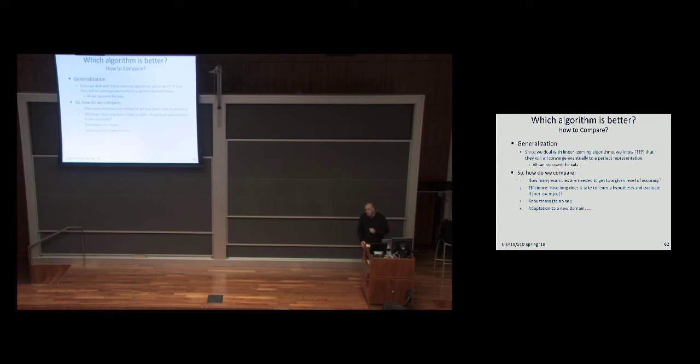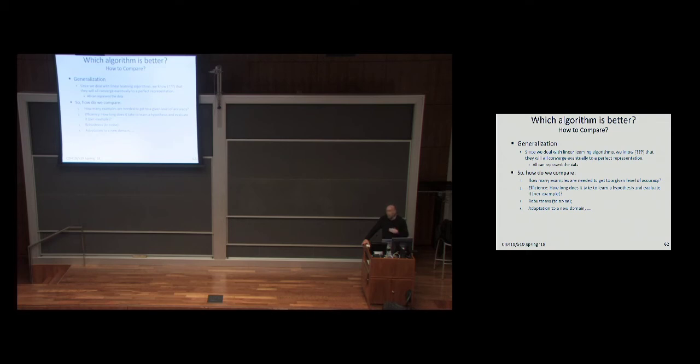So really the key question from the perspective of generalization that we want to ask is, how long will it take? How many examples do you need in order to get to a given level of accuracy? So that's one question, one dimension of comparing algorithms. There are other dimensions. You can think about efficiency. So maybe some algorithms can be computed more efficiently than others.